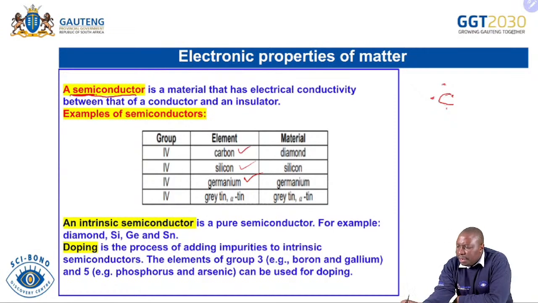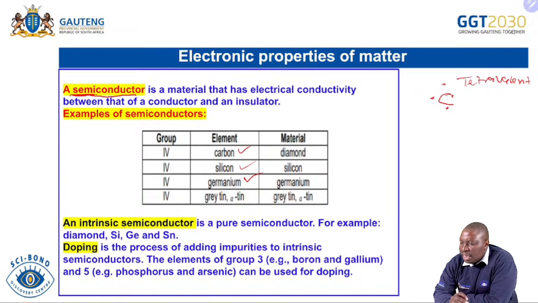If you look at carbon, it has 4 electrons in the outer energy level. All these group 4 elements have that quality. So I will refer to them as being tetravalent, which means they have 4 electrons in the outermost energy level.